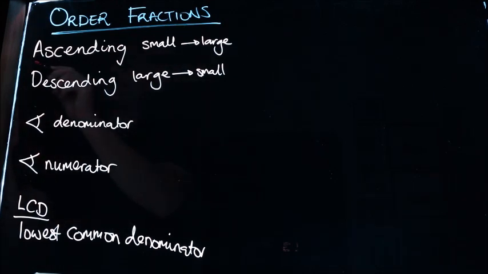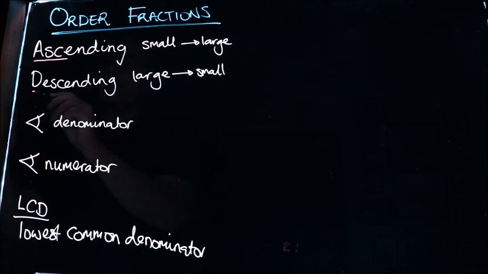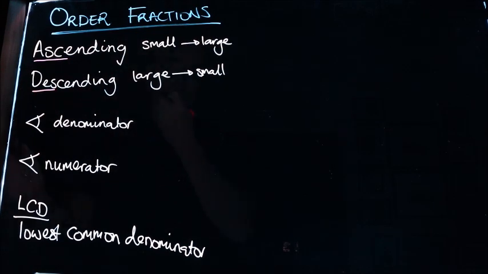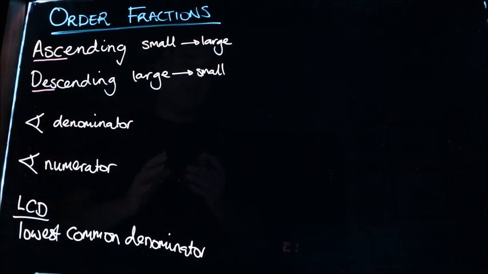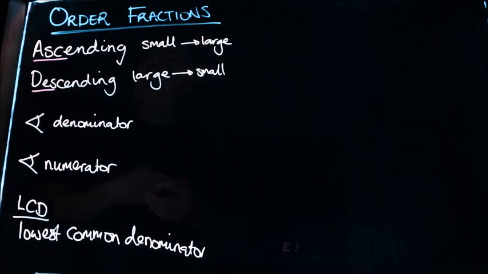We've got ascending and descending. We just need to remember what those words mean. If we're ascending, we're going from the smallest fraction to the largest fraction. And descending, we're starting with the large one and we're going down to the smallest one.